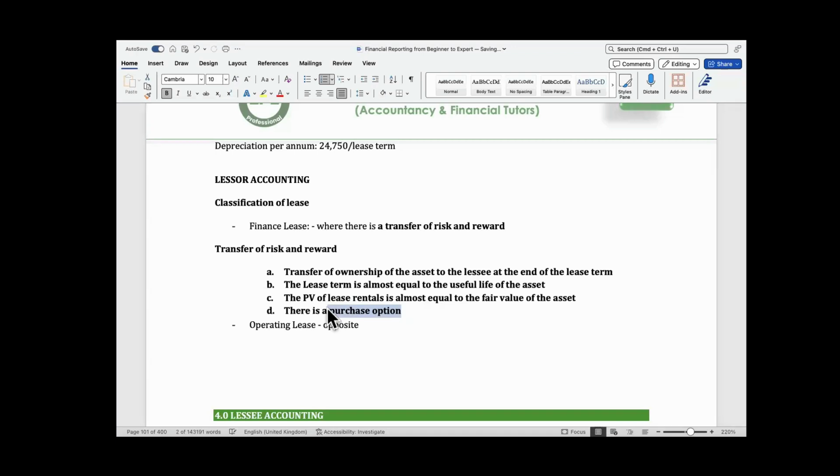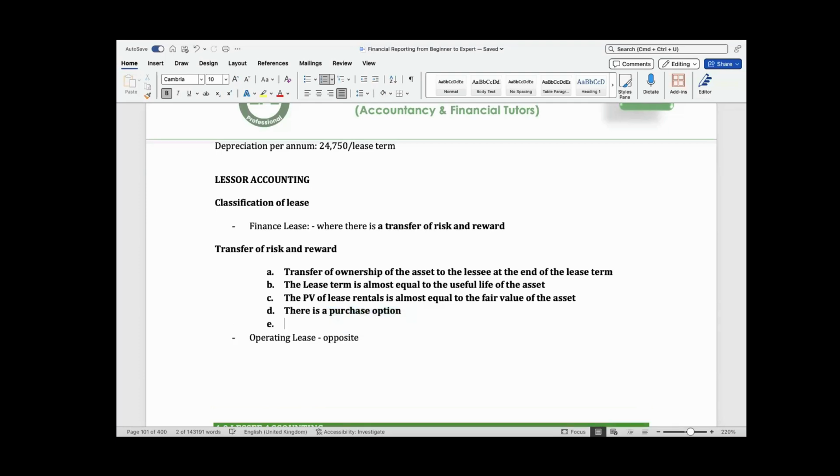So where the lessor gives the lessee a purchase option, it is most likely that the lessee will take that option, because the price will be very low compared to what he can get outside for a similar asset. The purchase option is always a very low offer: come and buy this asset at a very small amount. So it's also an indicator that there has been a transfer of risk and reward.